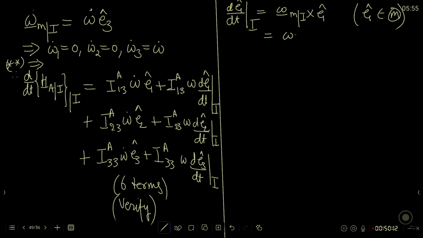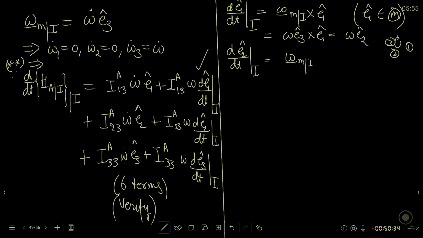That takes care of this. Into becomes minus omega E1, and dE3 dt becomes 0.